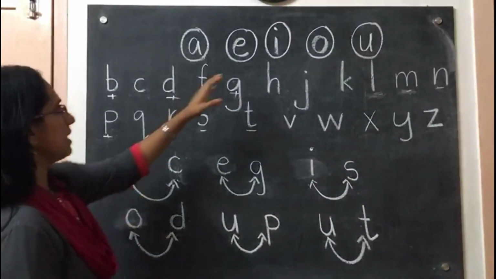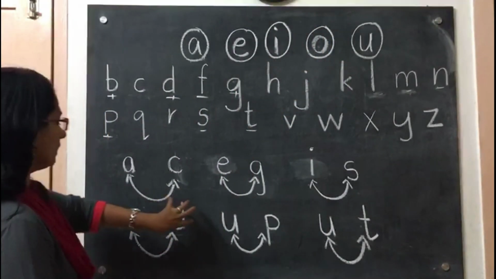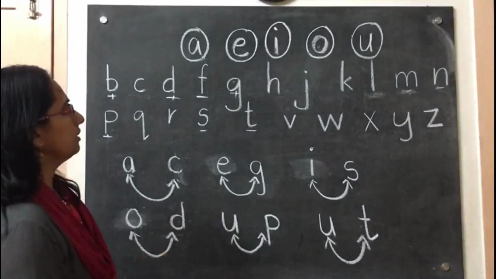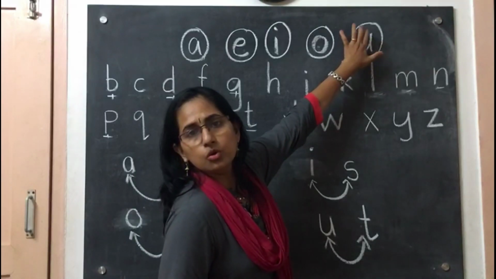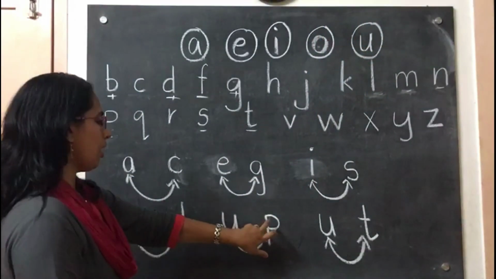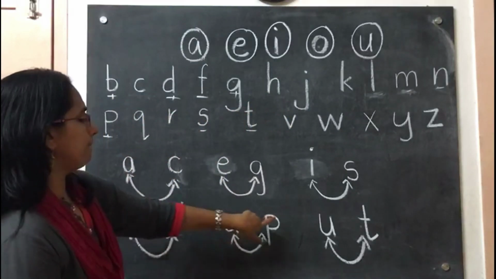And the next vowel is O. We join O with D, odd. Then vowel U, the sound of vowel U is uh, and joined with consonant P, up.